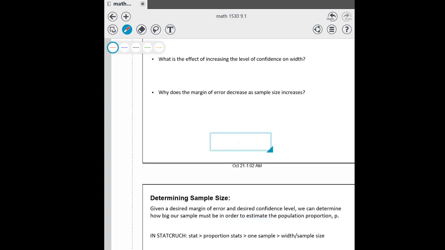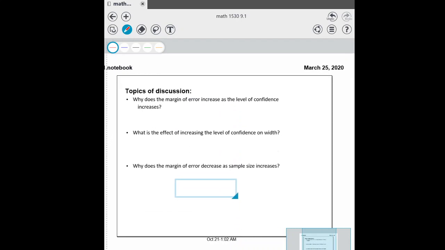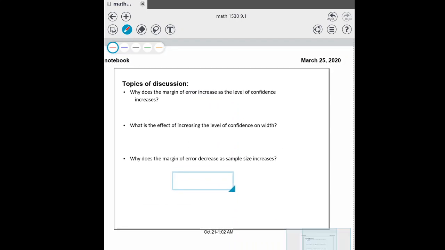All right, let's see. Topics of discussion. Why does the margin of error increase as the level of confidence increases? Okay.